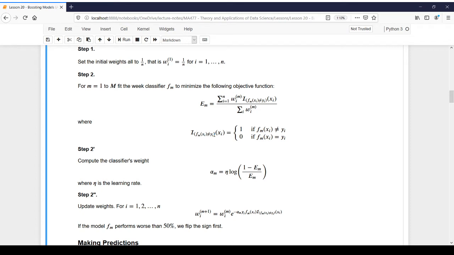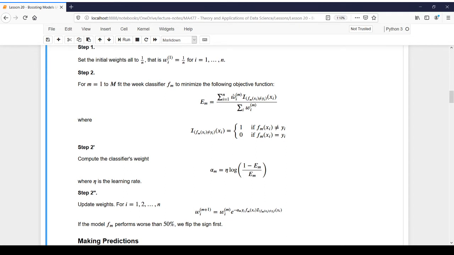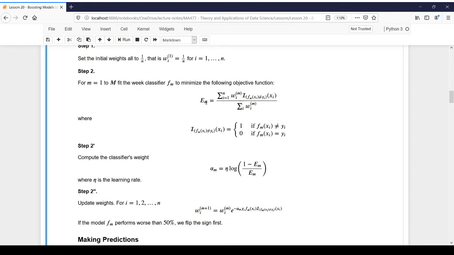It keeps track of all the cases that we're misclassifying. So if our classifier does really well, then EM, the error rate, is really small because this is mostly 0, and we have the weights here which are associated with those training points. If the classifier is doing really poorly, then you have a high error rate.